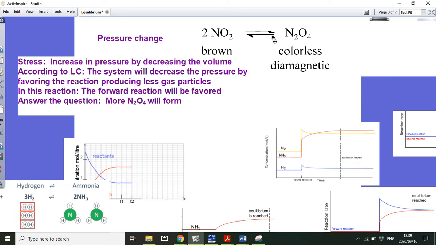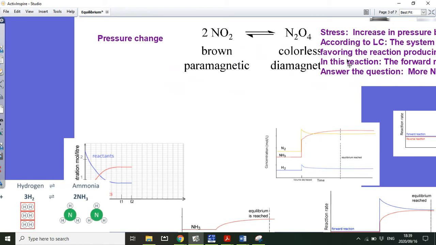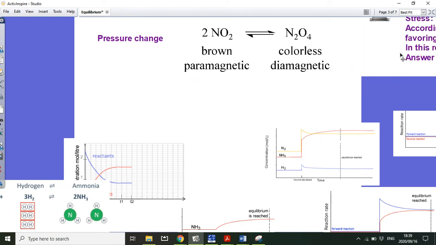That means the forward reaction will be favored, and then you answer the question. You can say more N2O4 will form, or if they ask for the color change, it goes from brown to colorless or less brown. You just answer the question. Remember the 4 steps.